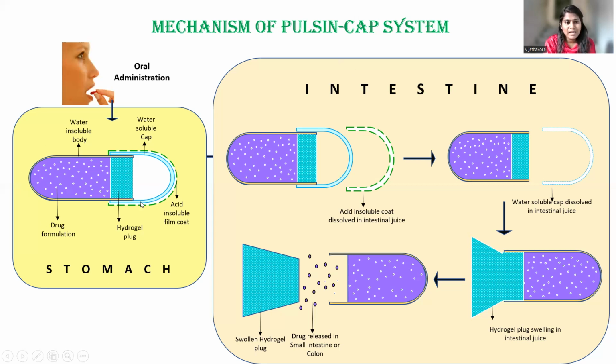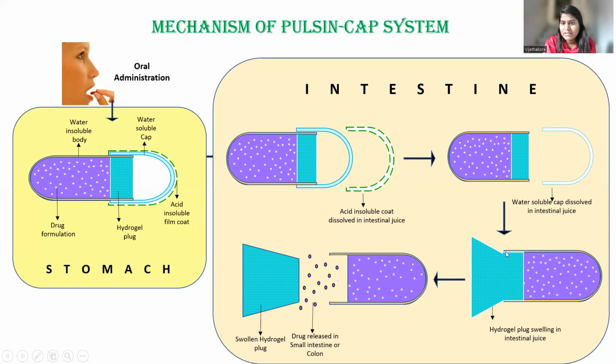So this remains the same, and when it enters into the intestine, see here, this is the intestine. What is happening in the intestine? The acid insoluble coat dissolves in the intestinal juice, in the basic pH environment. After the acid insoluble coat dissolves, the water soluble cap dissolves in the intestinal juice.